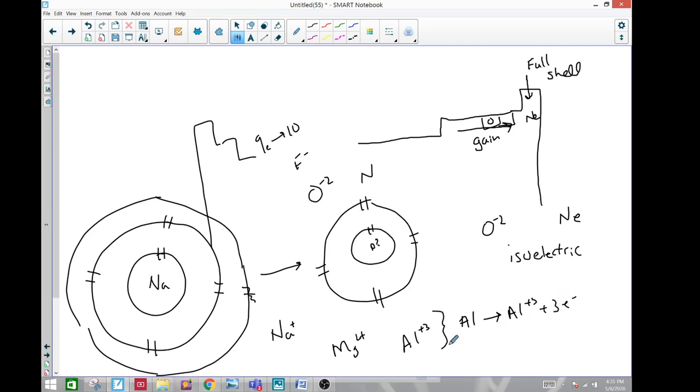So aluminum has 13 protons and it has 13 electrons. Now the aluminum ion has 13 protons but only 10 electrons, and there's the electrons that it lost. So 10 plus 3 is 13, there's 13 over here. We call this oxidation.